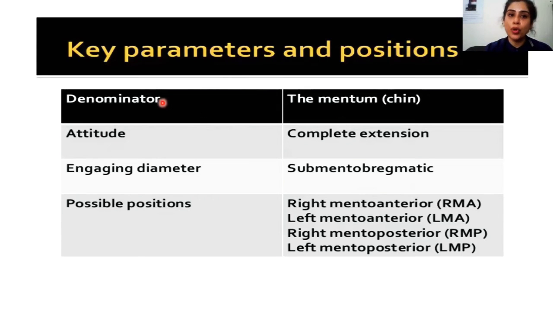Denominator is a bony fixed point on the presentation which comes in relationship to the various quadrants of the maternal pelvis. So we take the mentum as the denominator and we tell the position of the fetal head with respect to the maternal pelvis. So if the mentum is anterior and it's on the right side, then the position becomes right mento-anterior. Likewise, the position can be left mento-anterior, right mento-posterior, or left mento-posterior.